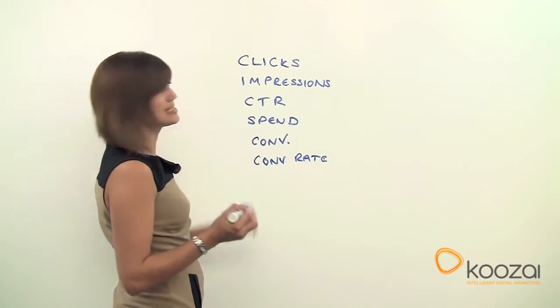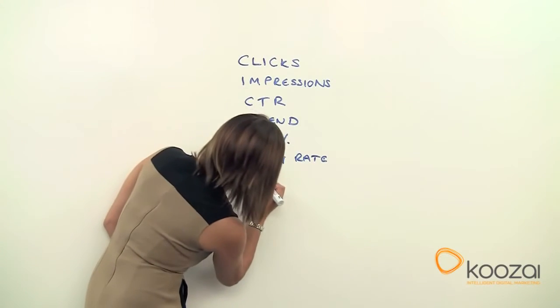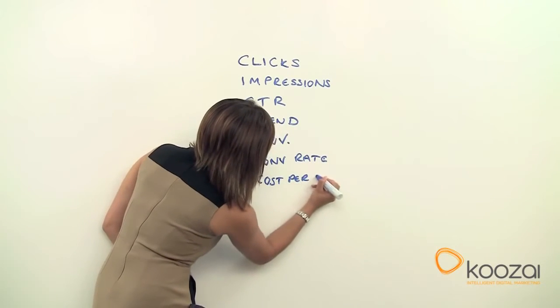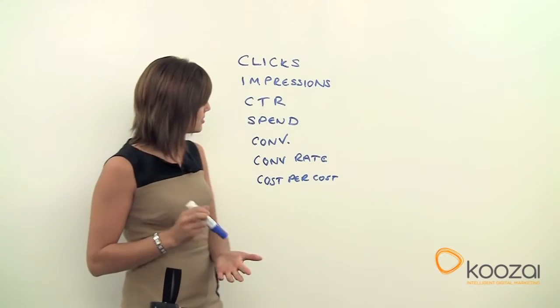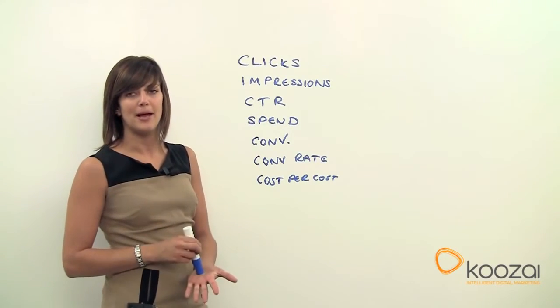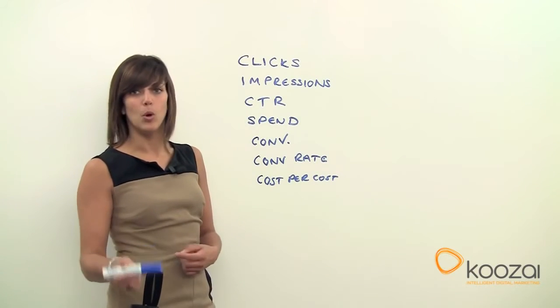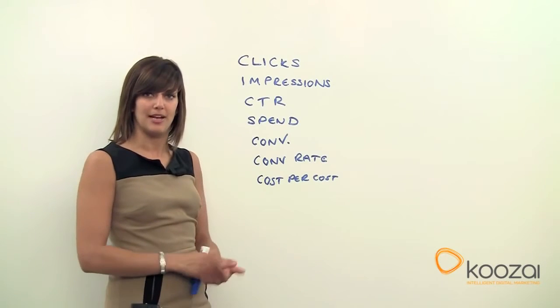So how many clicks is it taking you to convert a lead or a sale or a purchase? And finally, we've got the cost per conversion, which is really an important factor to look at when you're managing a PPC campaign, because you don't want your cost per conversion to be more than what you're actually paying for that item or that service in the first place.